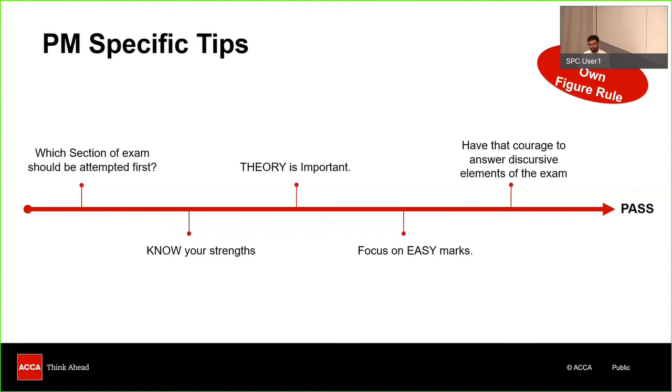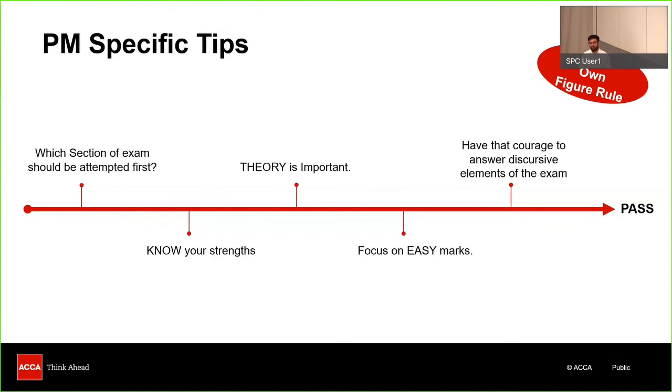It's all about courage and time management. If you have given appropriate time to those discursive elements of the exam, and you have the courage to say let's write something, let's do something with this particular question, let's think about it, once you initiate, you will find that with the passage of time you will be able to write at least some of the points to get a pass grade in that question as well.